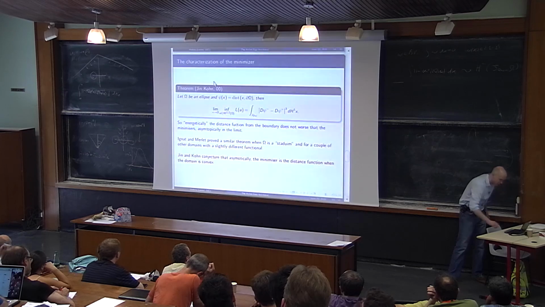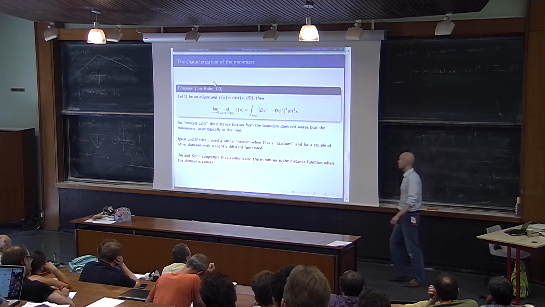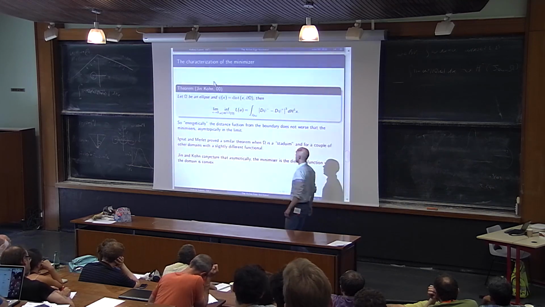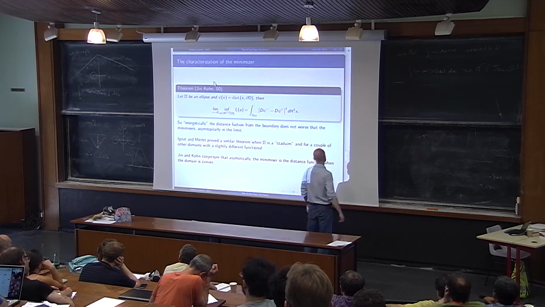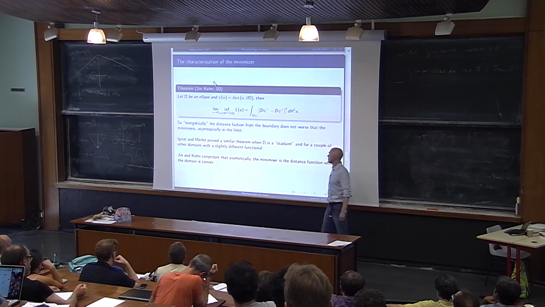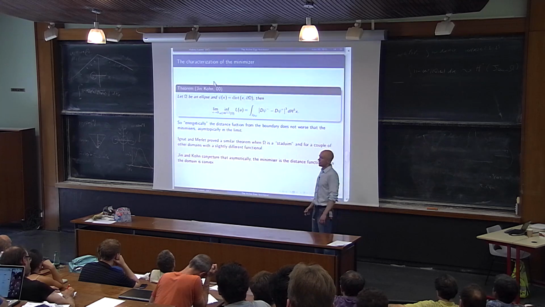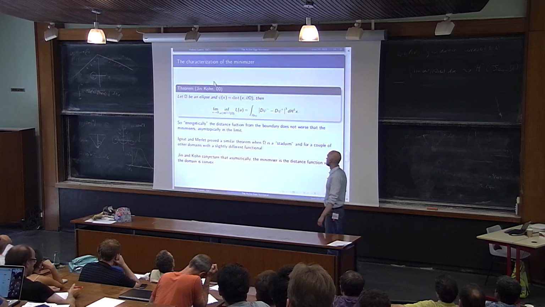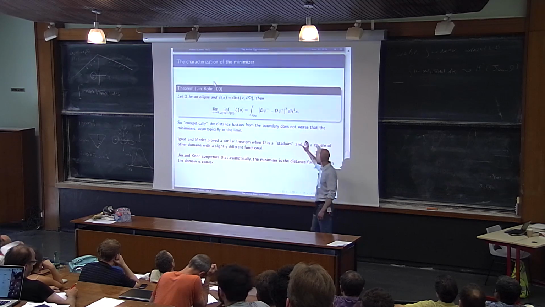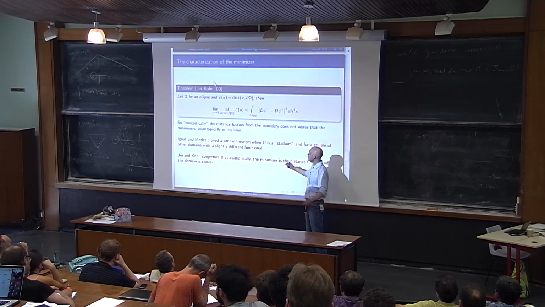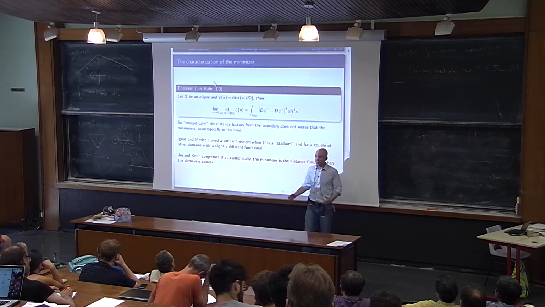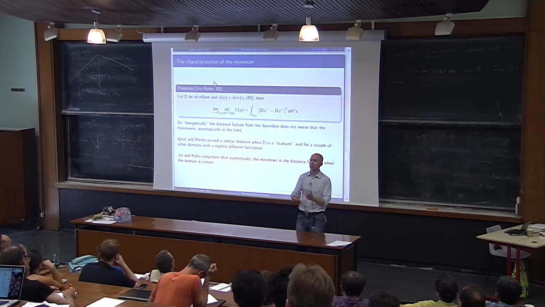The second main question to do with the Aviles-Giga function is the characterization of the minimizer. What do we know about this already? So if omega is an ellipse, let's take the distance function away from the boundary. Well, this guy will energetically be as good as the sequence of minimizers as epsilon n goes to 0.